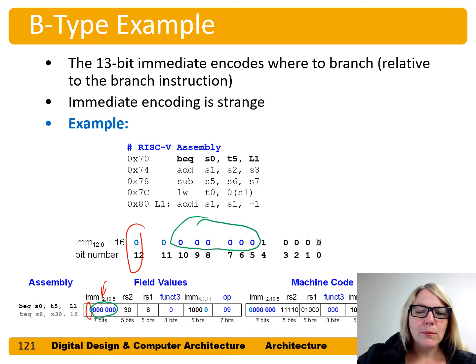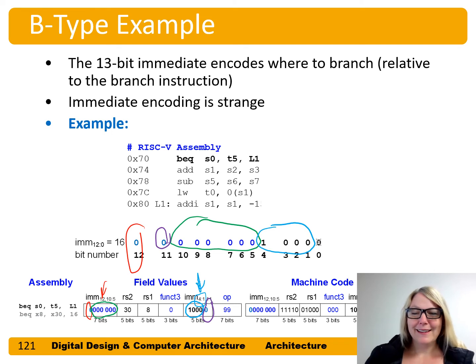And then in the bottom part of the immediate encoding, in this 5-bit field, we encode bits 4 to 1. So here are these bits. And then finally, we encode bit 11. So it's completely kind of annoying. But the reason that we're going to do this is actually to make the hardware design easier, and we'll come back to that point later.